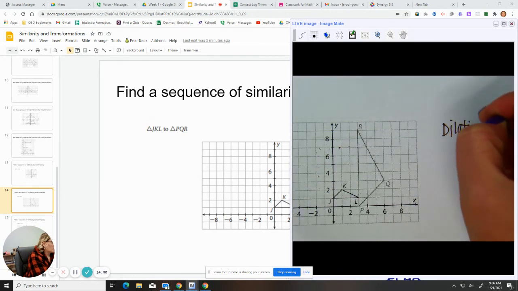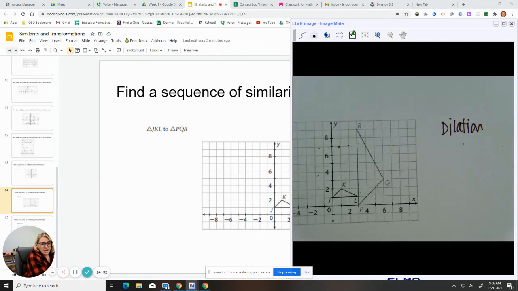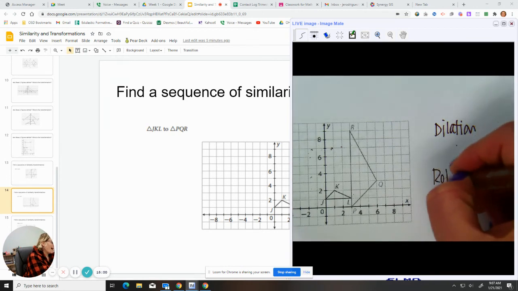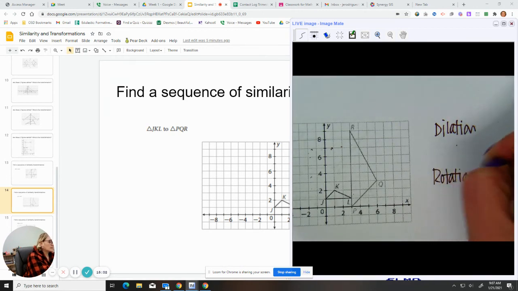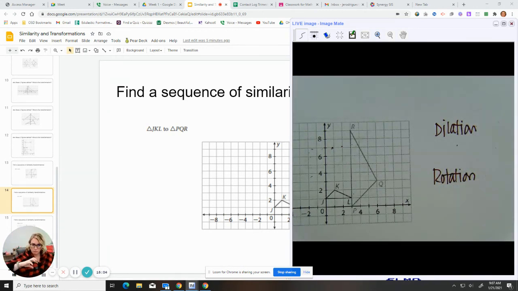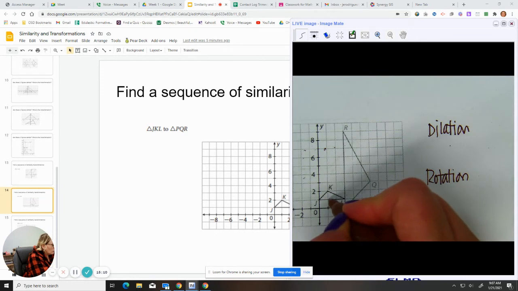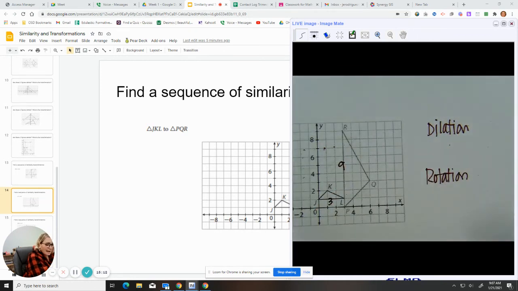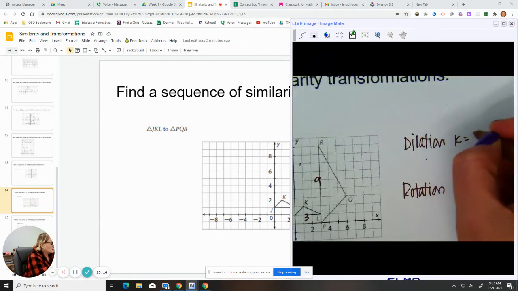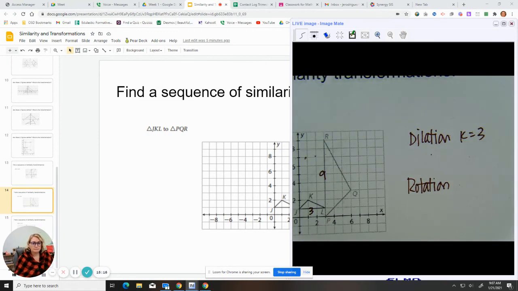Okay. And obviously it didn't move, so there's no translation. It didn't reflect, so the other motion has to be a rotation because the figure was rotated. So the easiest way to figure out your dilation is to go from 3 to 9, which tells us that it is 3 times bigger.